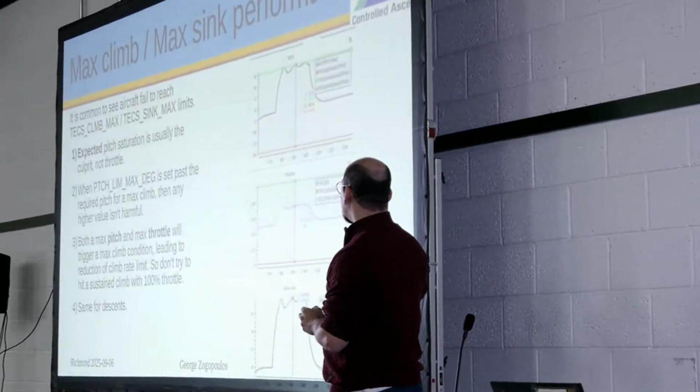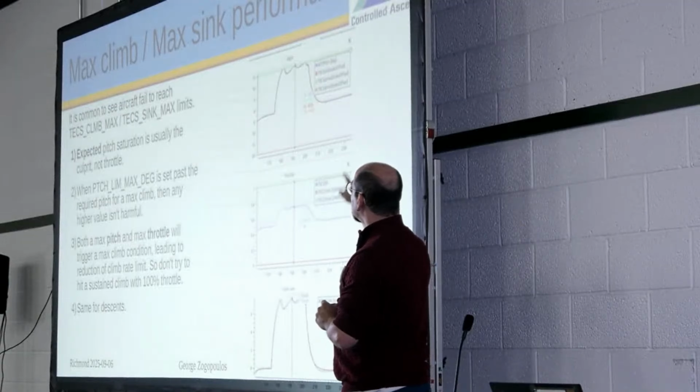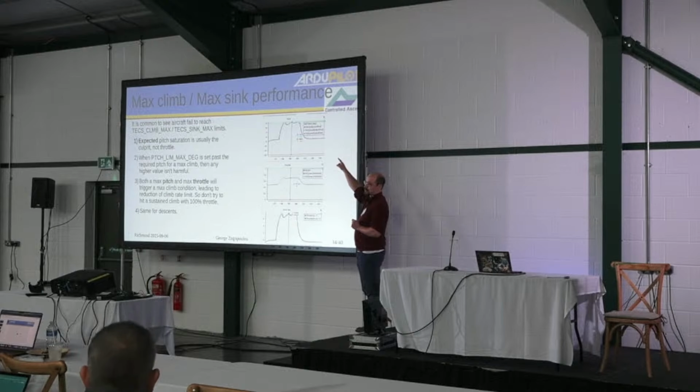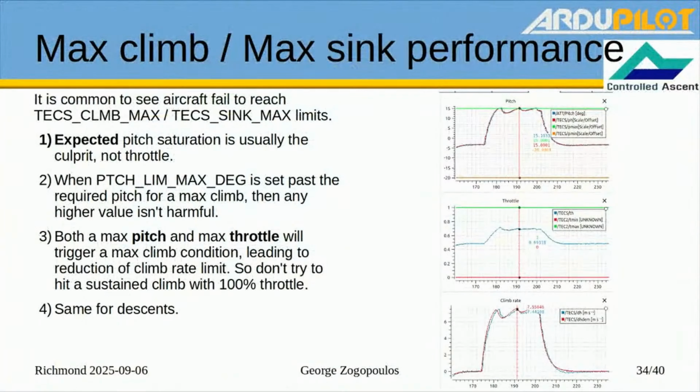In most situations, the throttle is not at maximum yet, but your pitch angle is close to maximum, and it's the pitch angle that is triggering this ease off. In this case, you can increase the pitch max of your vehicle, or if your TECS limit is a bit lower, TECS pitch max, I think is the parameter name, you can raise them a bit without penalty. It's not critical that they are exactly where you want them to be for this climb. They can be a bit higher.